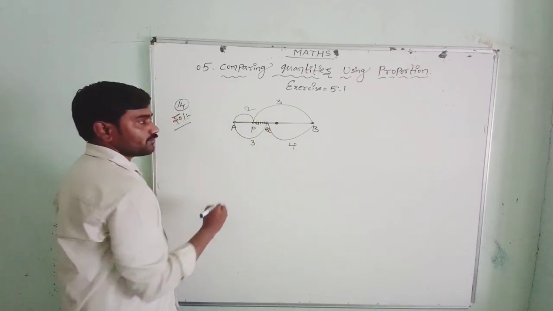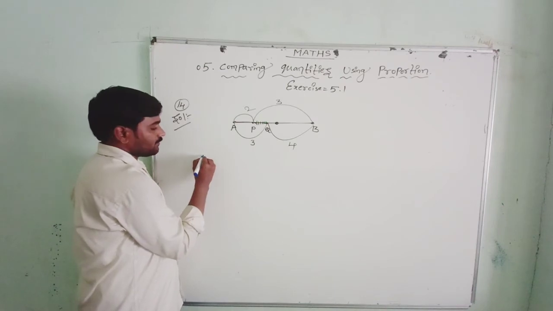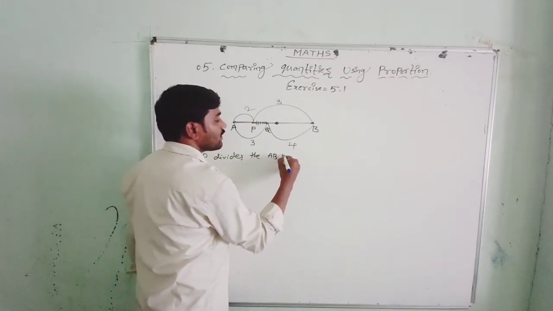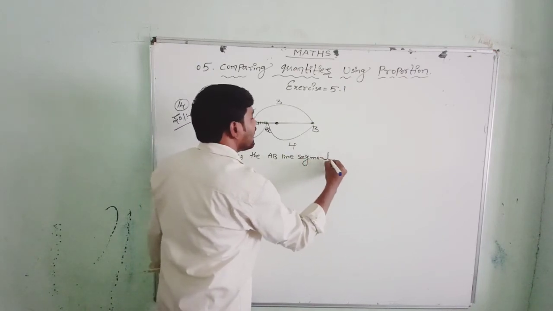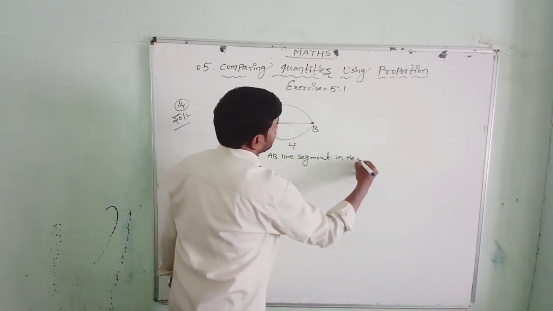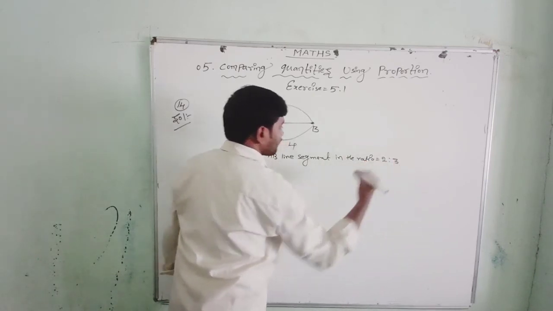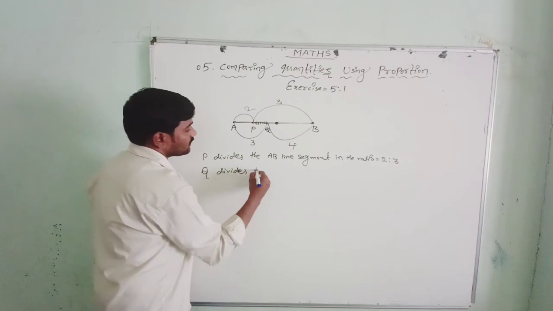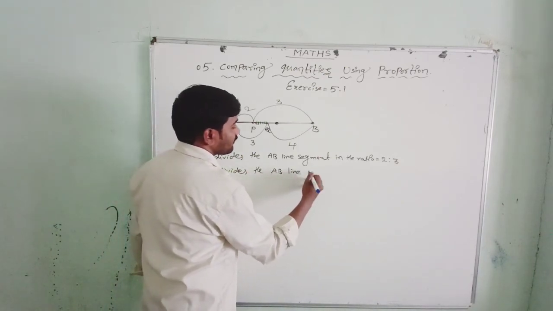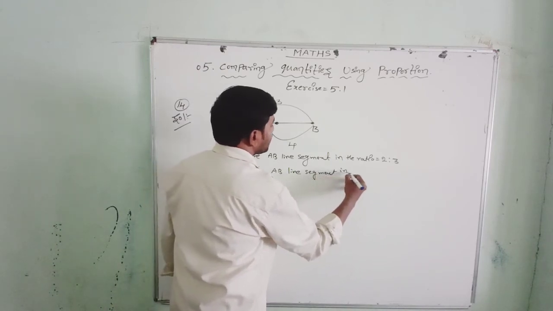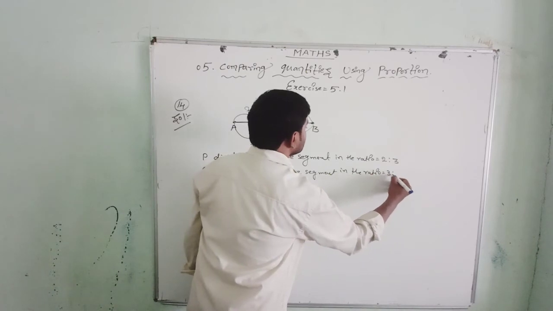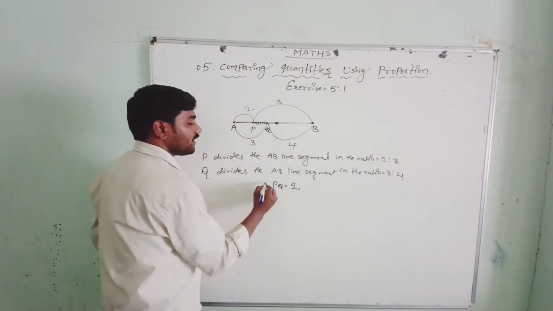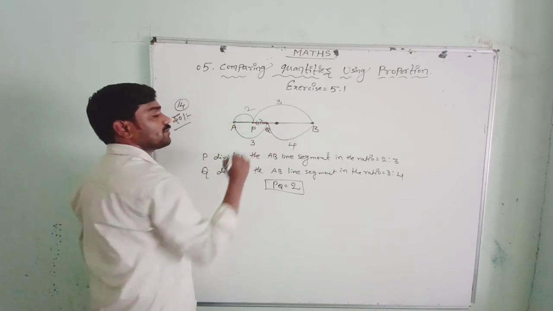P divides the AB line segment in the ratio 2:3, and Q divides the AB line segment in the ratio 3:4, and he has given PQ equal to 2. This we have to remember.